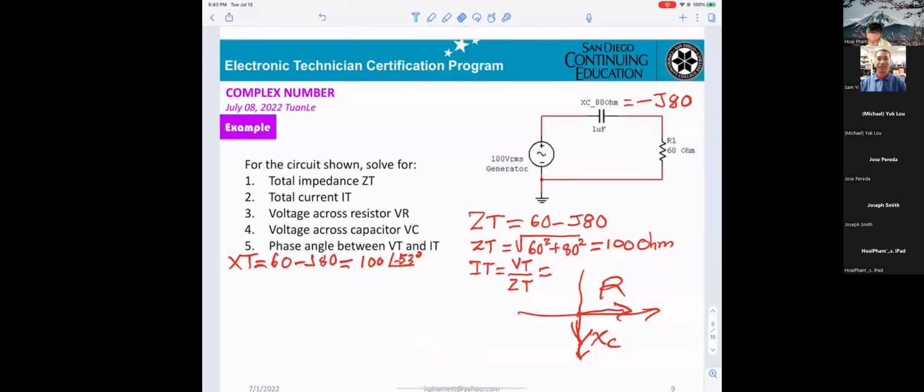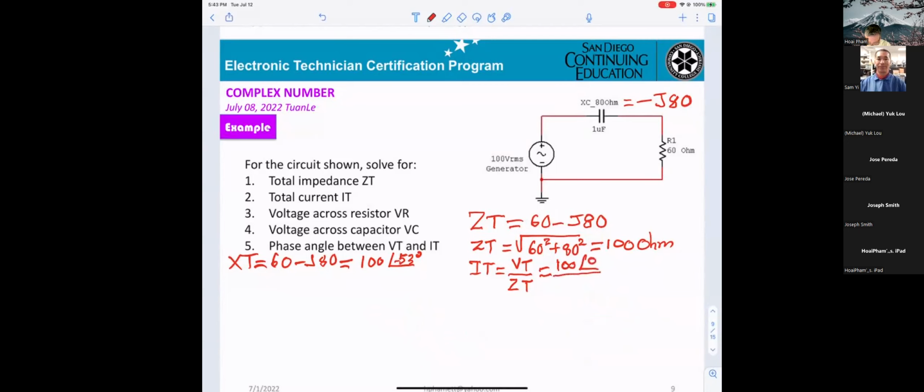Okay, good. You have to follow that. Now, I total equals V total, which is 100 volt. They're not telling you any phase, so the angle of 100 will be 0.